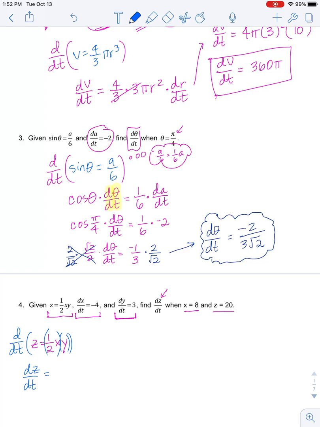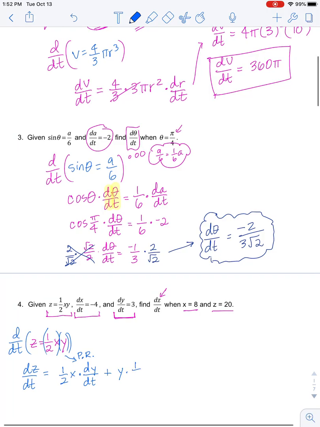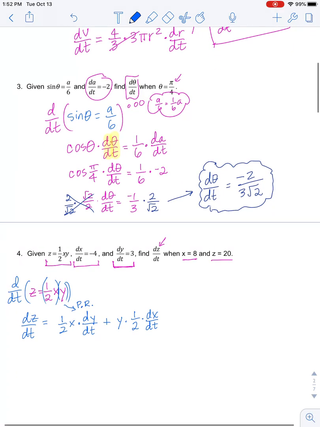So when I take this derivative using the product rule, it is first times the derivative of y, which is just dy dt. Notice I'm not writing dy dx like we did before. Plus the second function times the derivative of the first, which would just be 1/2, and then times dx dt, because that's implicit as well. Okay.